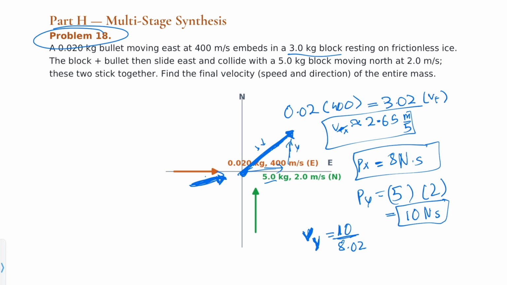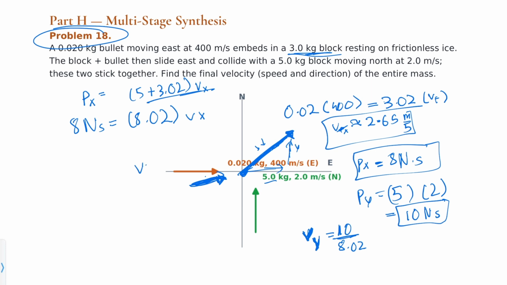But it's going to retain the same momentum, which means px, which is 8 Newton seconds, still has to be equal to 8.02, which is the new mass, so 5 plus 3.02, times velocity of x.